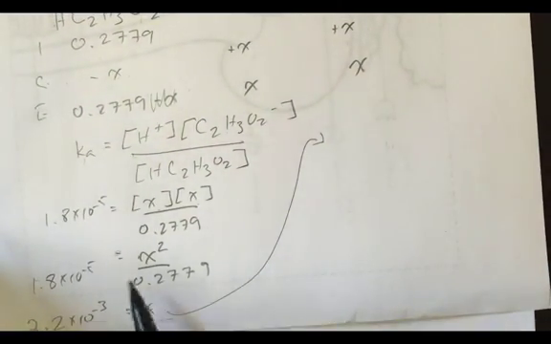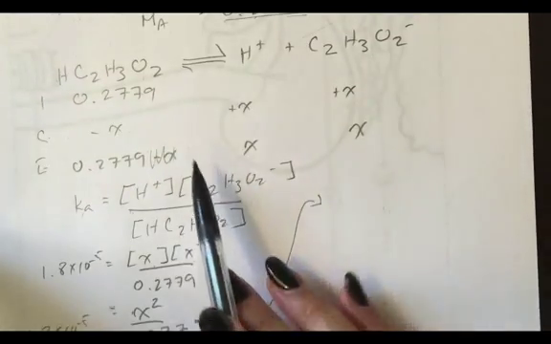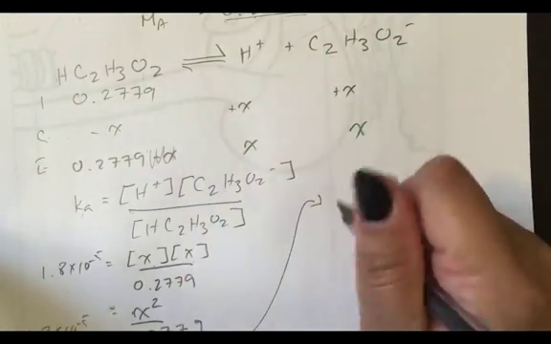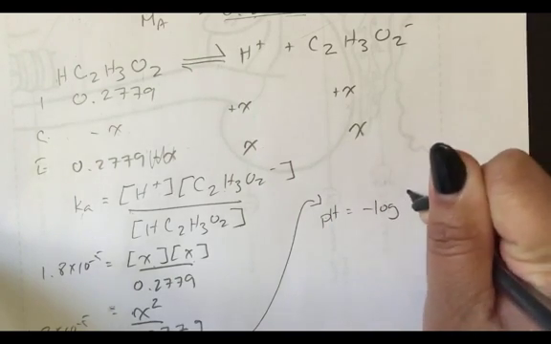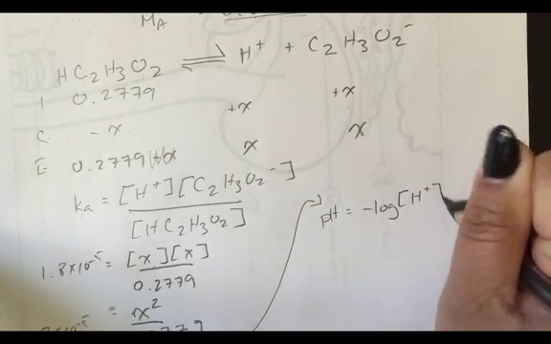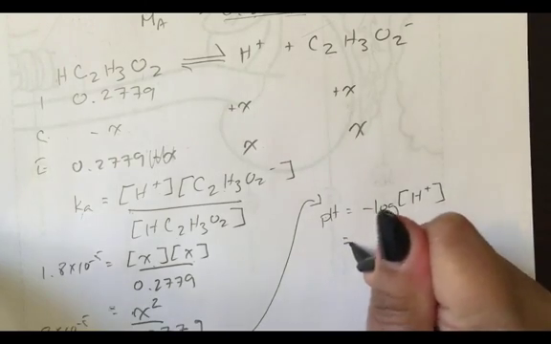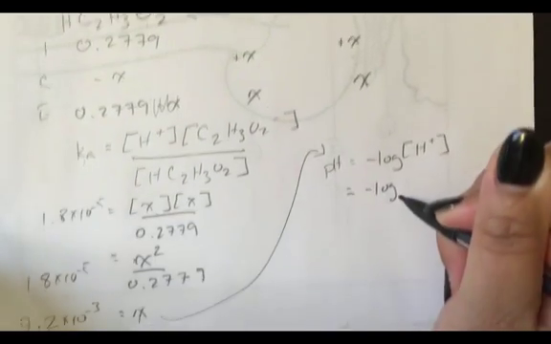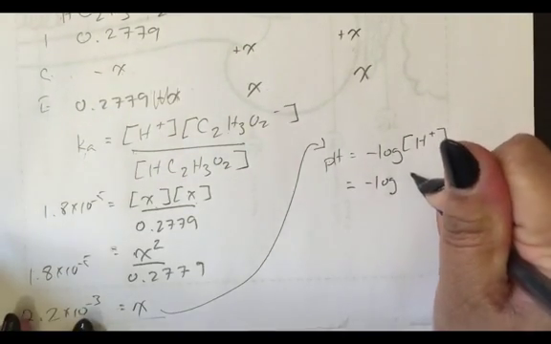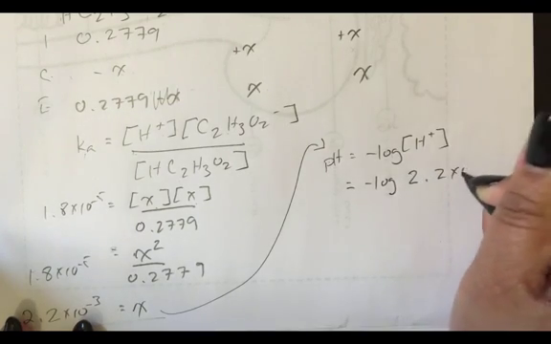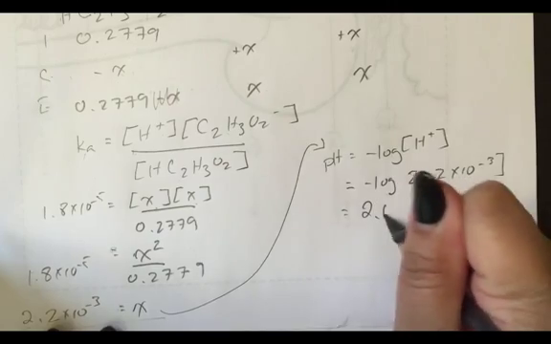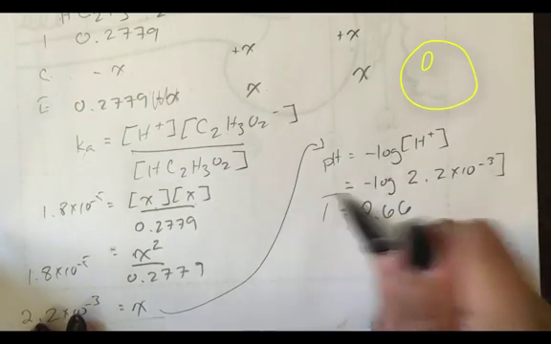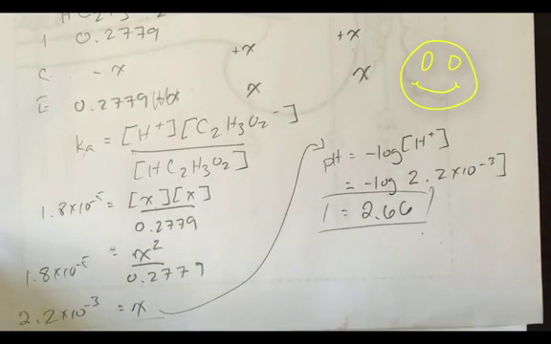Knowing that this is my H concentration, I can figure out my pH by doing the negative log of H plus. So the negative log of the number I got, 2.2 times 10 to the negative 3, and that will work out as 2.66, and that is our answer.